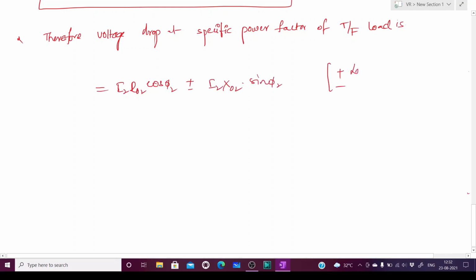Here plus is for lagging power factor of load, minus is for leading power factor of load.